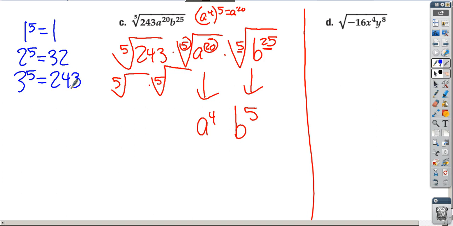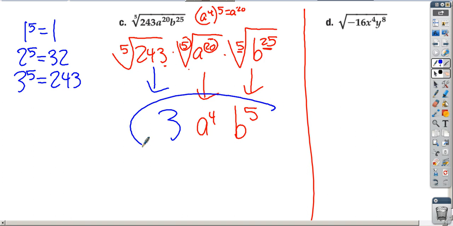So we didn't even really need to split this. We could have just directly taken the root. So the fifth root of 243 does equal 3, and that is as simple as we can make it.